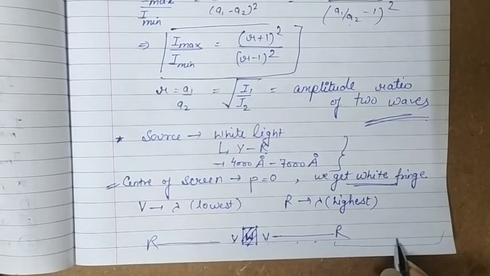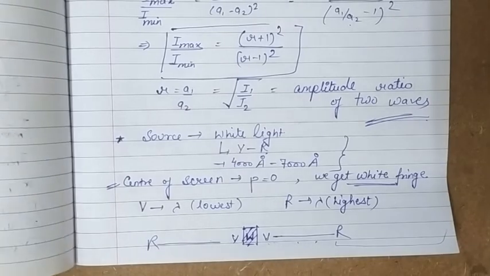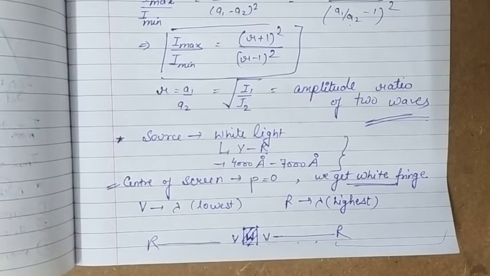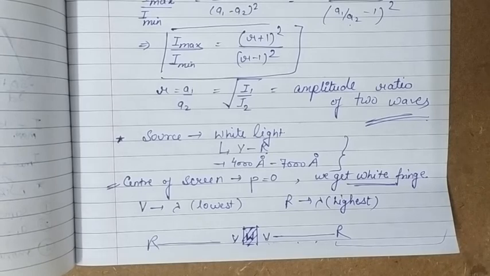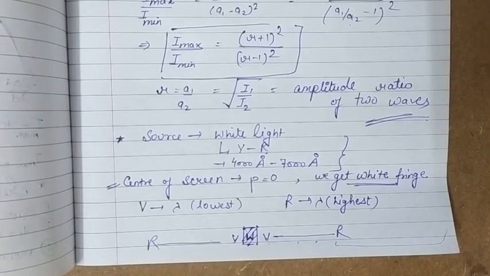So at far points, due to this large overlapping, the interference pattern is lost, and finally we get uniform white illumination on the screen.